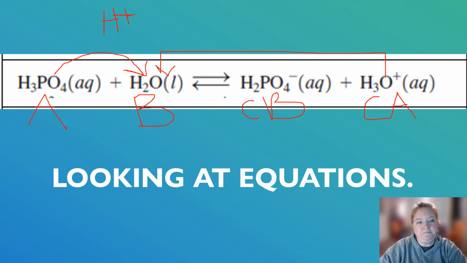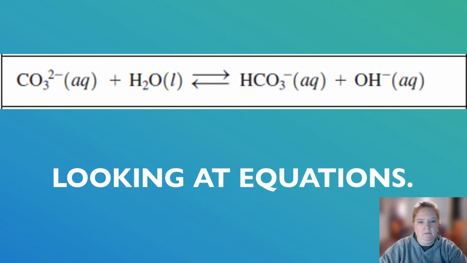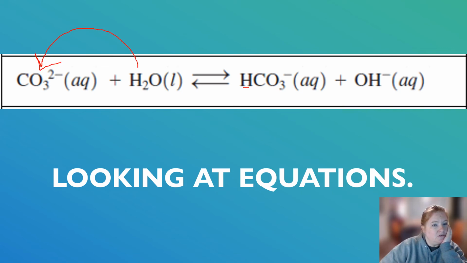Let's try another one. Ooh, oh gosh. Okay, this one looks complicated. I have CO3 on this side, and I have CO3, but with an H. And this is H2O, but on this side, it's only OH. See, it lost an H, so the H went this way from here to here, and that's how I ended up with that.